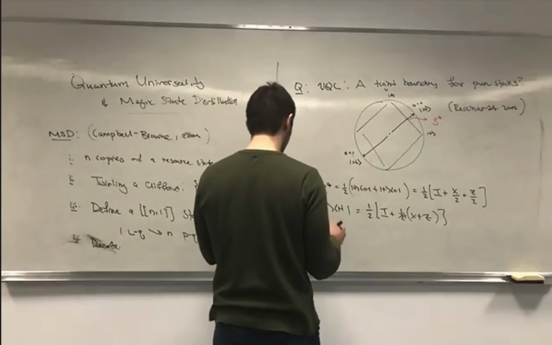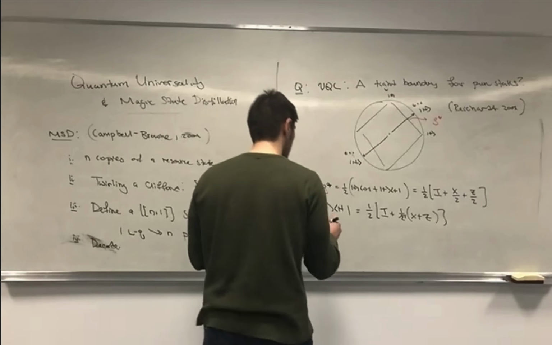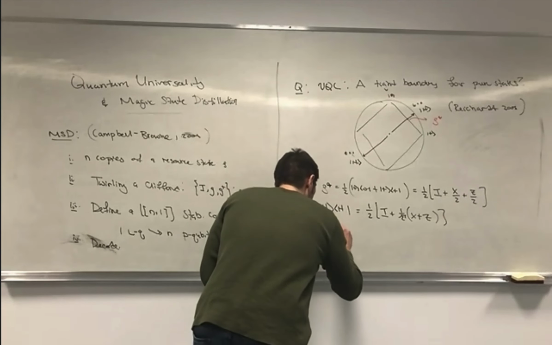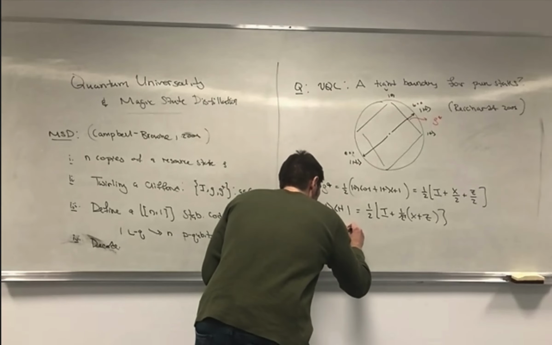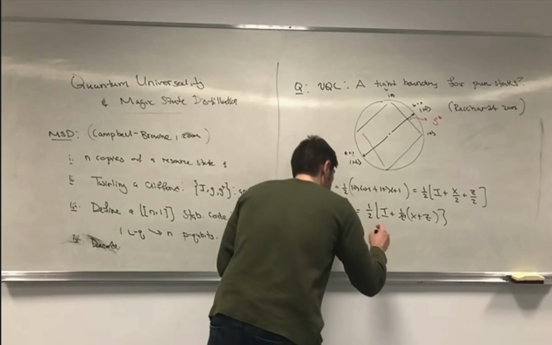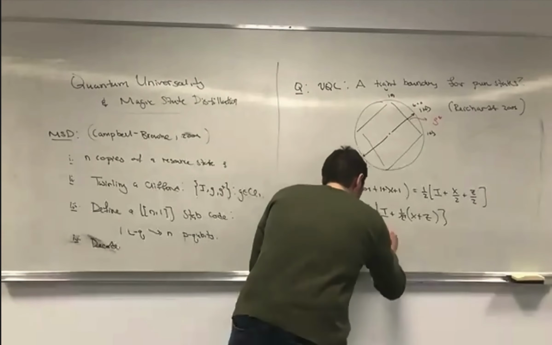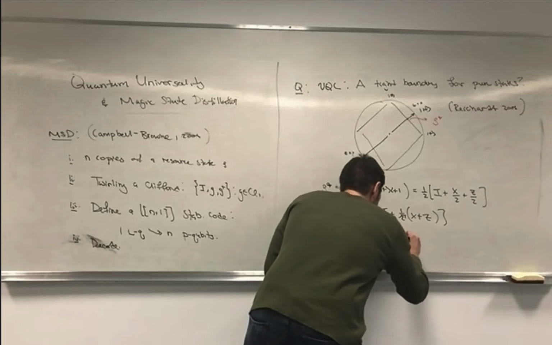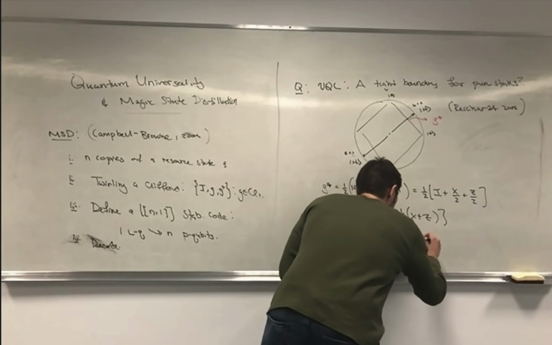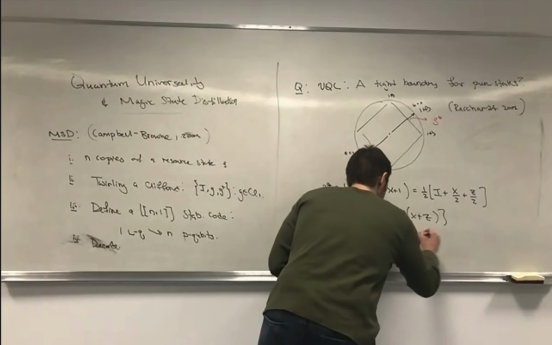And we want to compute the fidelity F_H of rho star, which is equal to the square root of <H| rho star |H>.